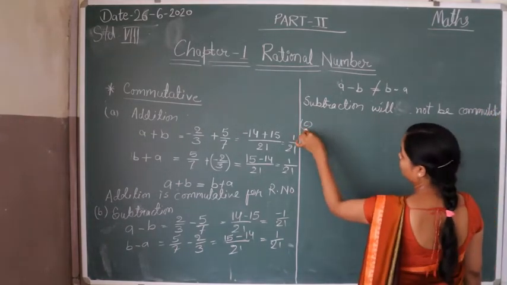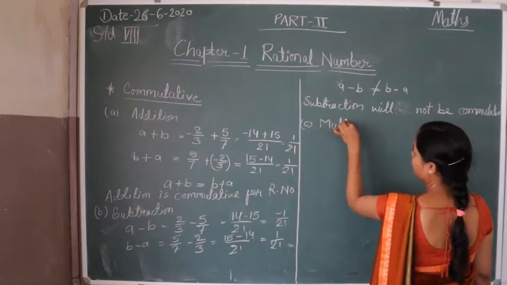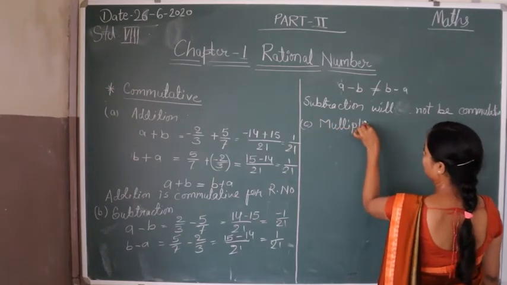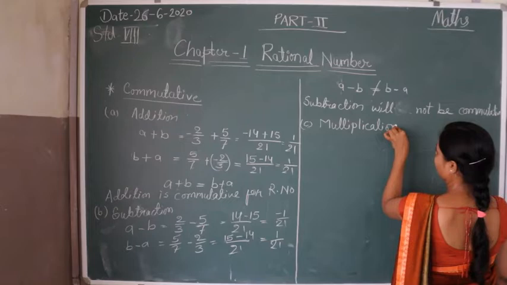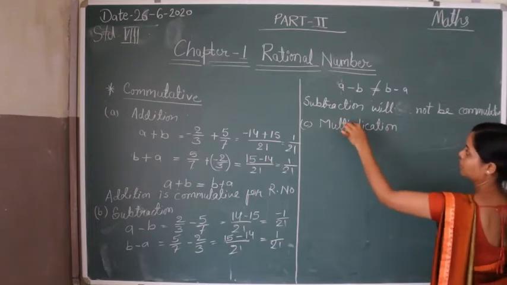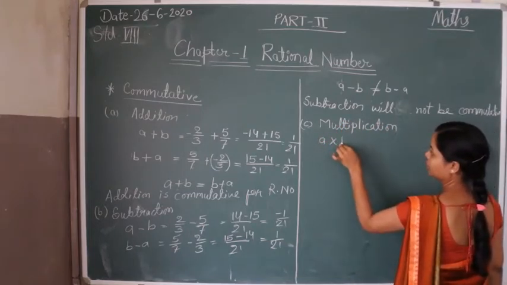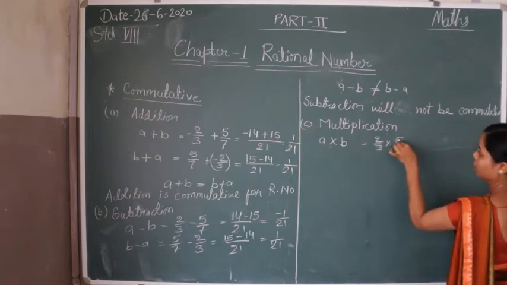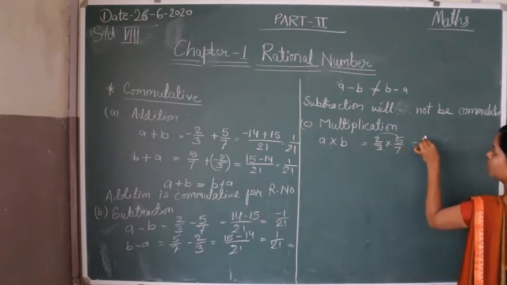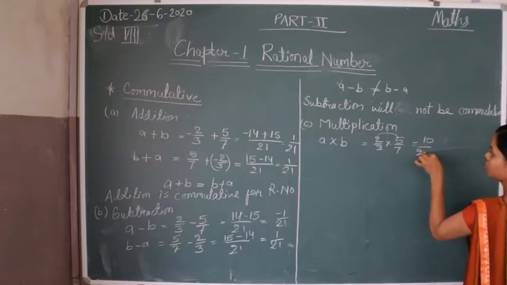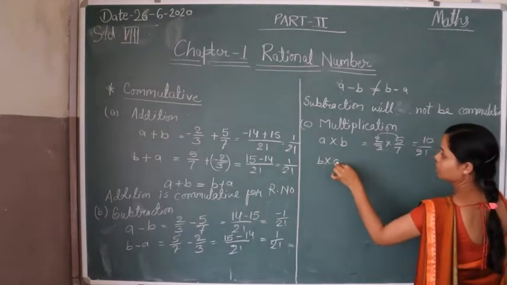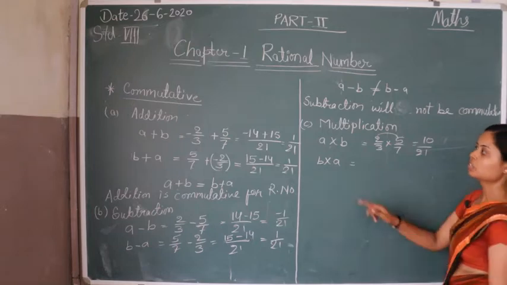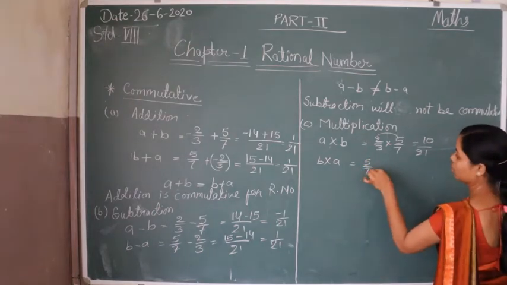Now multiplication. For multiplication, again take two rational numbers and multiply both. 2 by 3 and 5 by 7. So 2 5s are 10 and 3 7s are 21. Then exchange the place of the rational numbers.